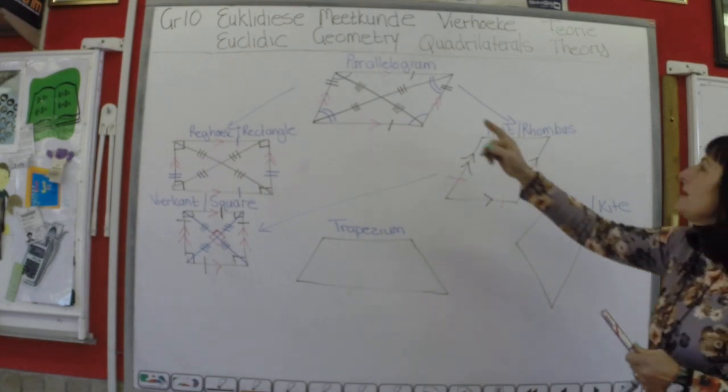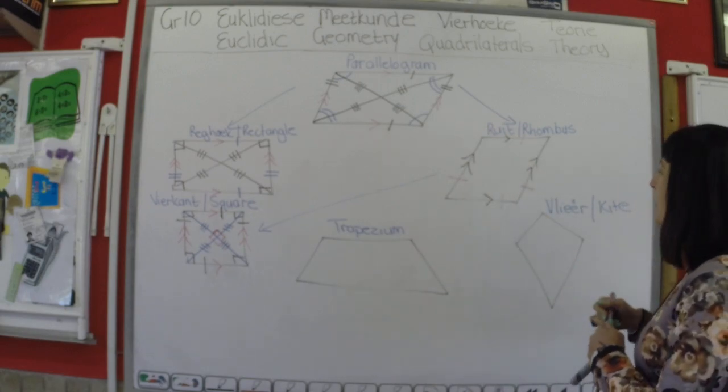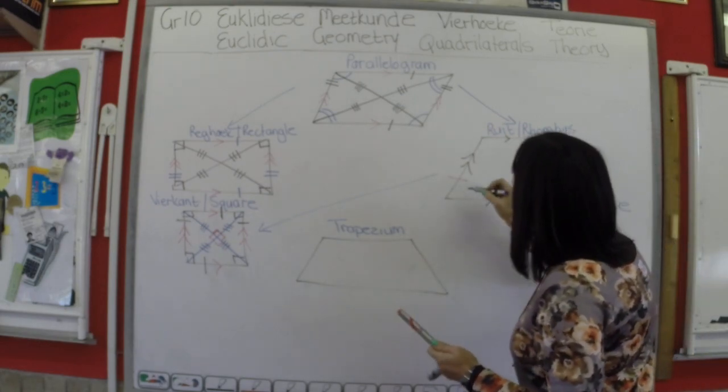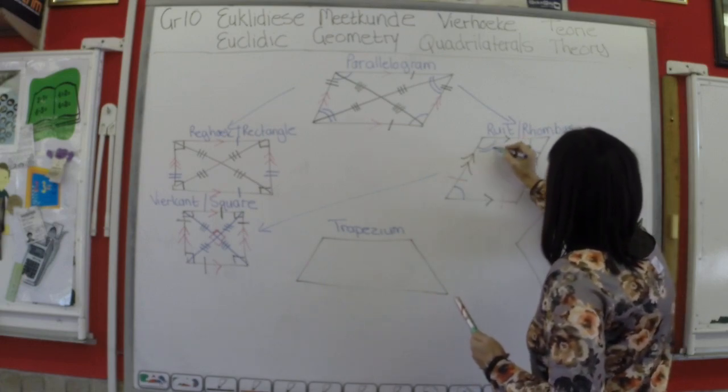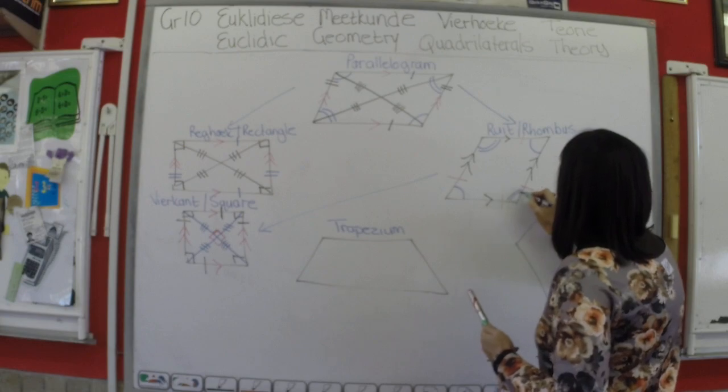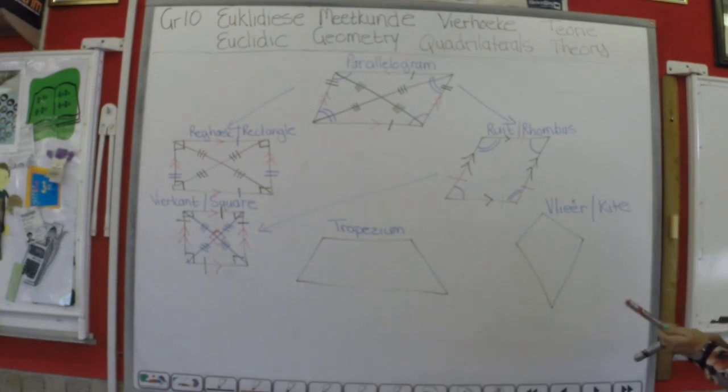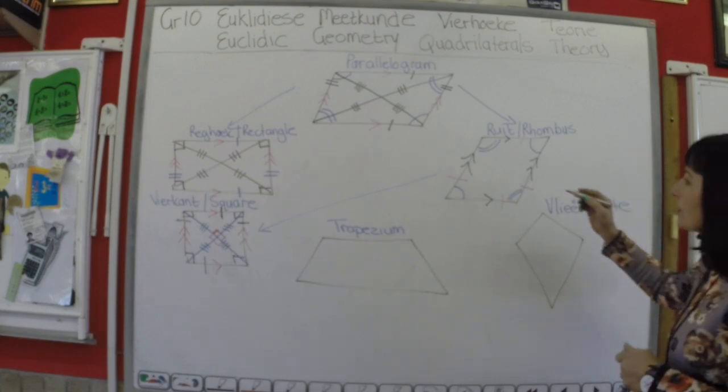Dan deel dit die parallelogram se eienskap dat die oorstaande hoeke gelyk is. It's not all equal. The opposite angles are equal. And let's go to the diagonals.